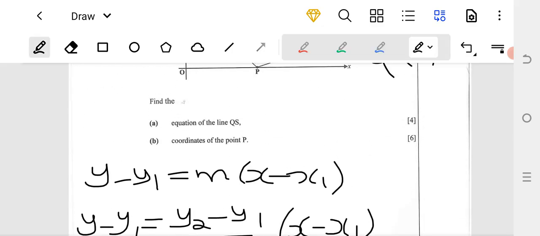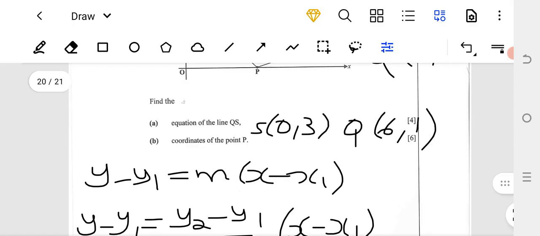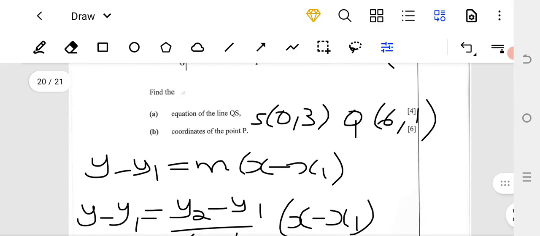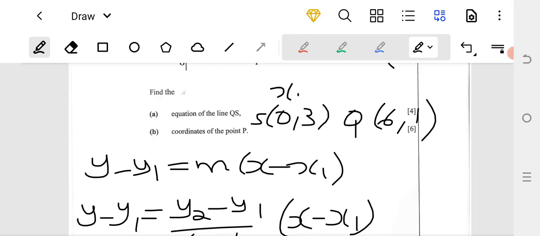Then the coordinate S is (0, 3). Q, I believe, is (6, 1). So x1, y1, x2, y2.